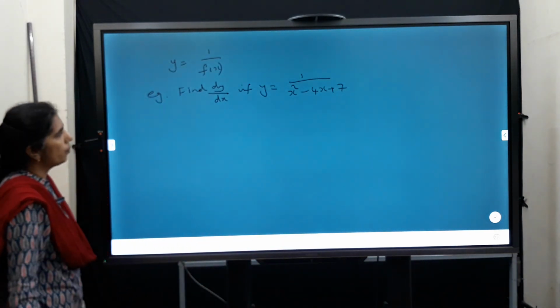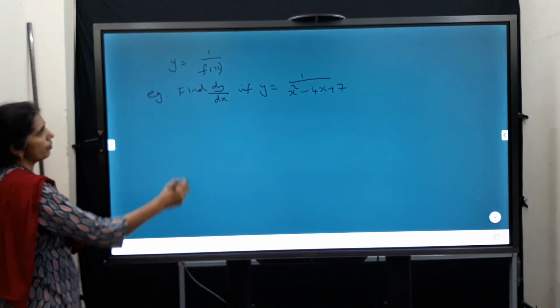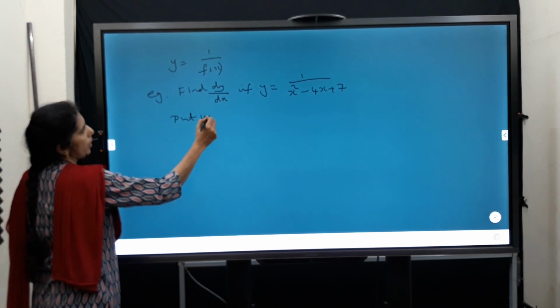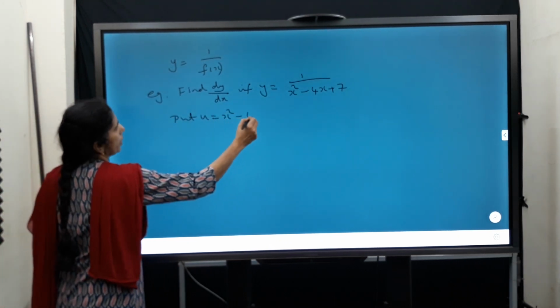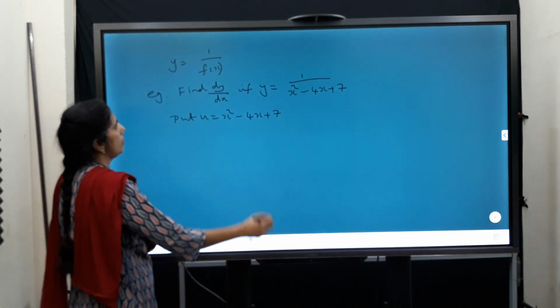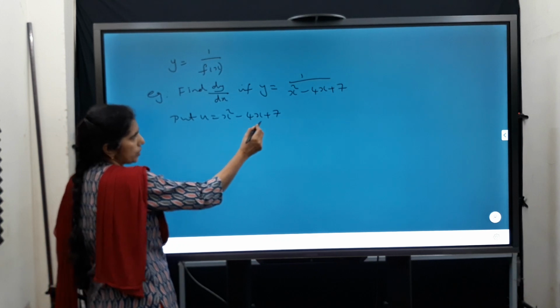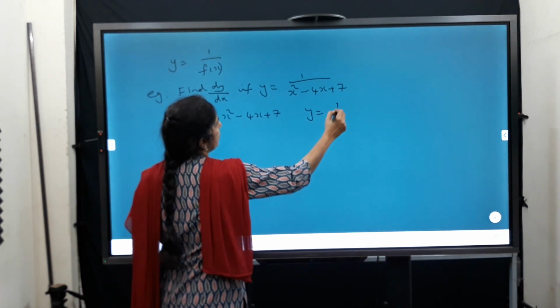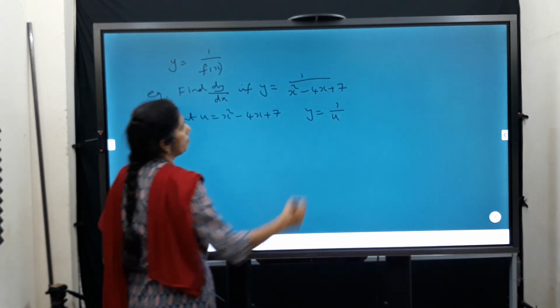If y equal to 1 upon x square minus 4x plus 7, our substitution is u equal to x square minus 4x plus 7, and y then becomes 1 upon u.